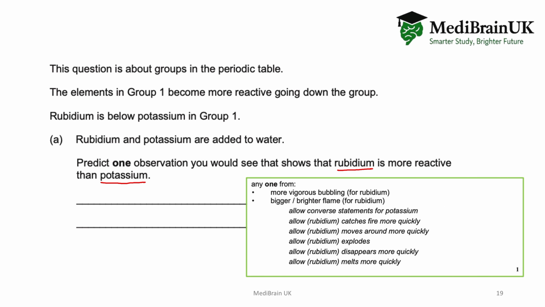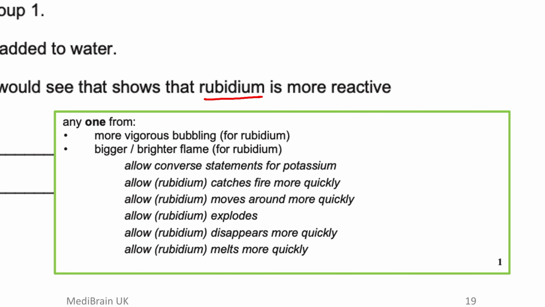So if we have a look at the mark scheme, it says more vigorous bubbling for rubidium. You need the more, okay, because that shows that rubidium is much more reactive than potassium. Or you have to say that it has a bigger or brighter flame than potassium for rubidium.